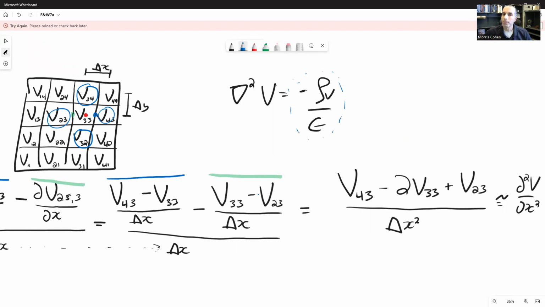Now, there's one little problem here, which is: what do we do when we are calculating this for one of the cells that's at the edge? For V41, we're going to need to know what the voltage is at this point right here, right? This point that is basically outside of our measurement space. And we can't have a measurement space that goes on forever. At some point, a measurement space has to end, and we have to calculate a solution there.